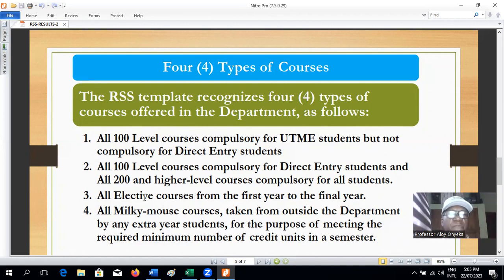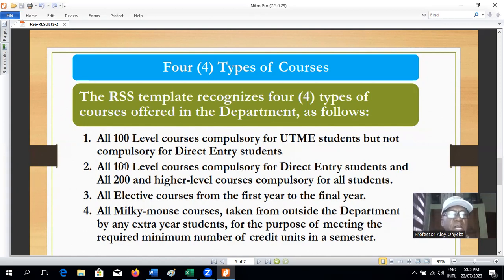So actually the first three are the major types of courses that we enter, and we should enter them first in the result worksheet of the RSS before the RSS can work. Those three are 100-level courses that are compulsory for UTME students but not compulsory for direct entry students.